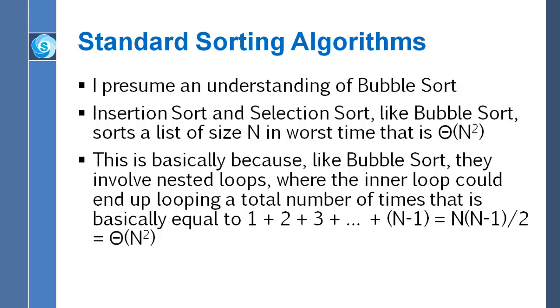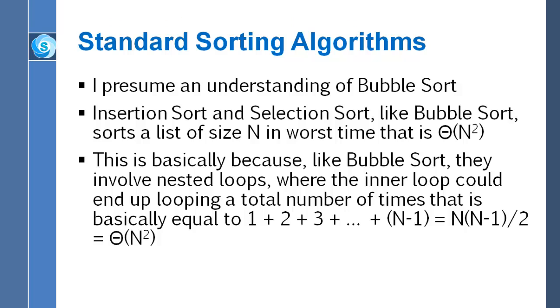Well, it's a well-known fact, and it should be known to you from a basic course in discrete math or some such thing. If you add up the numbers from 1 up to n minus 1, there's a very well-known formula that says that's going to be n times n minus 1 divided by 2.